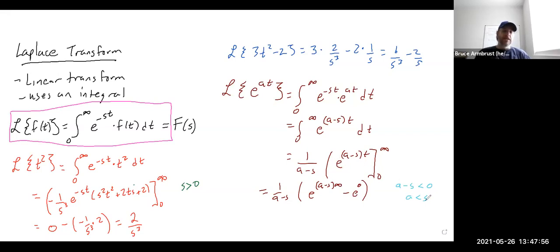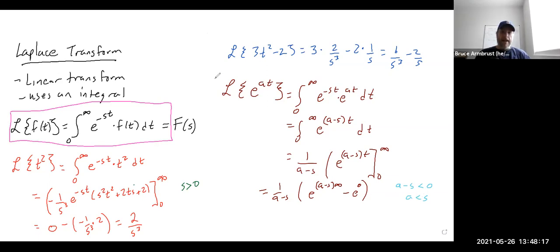So there's a restriction on the s, just like I said before, but notice that it depends on what function we're putting in. If we did e to the 2t versus e to the minus t, we're going to get a different restriction on the s. But for sure, s has to be greater than a.